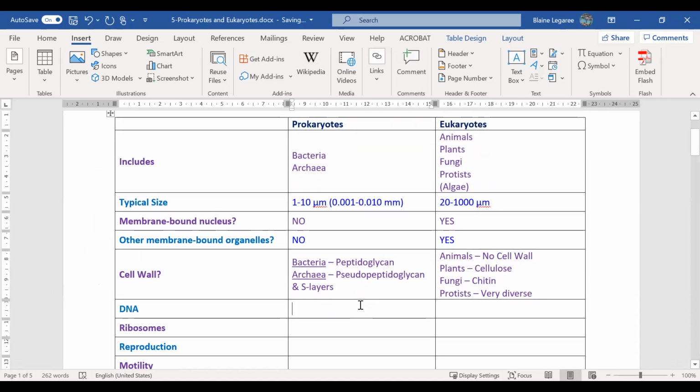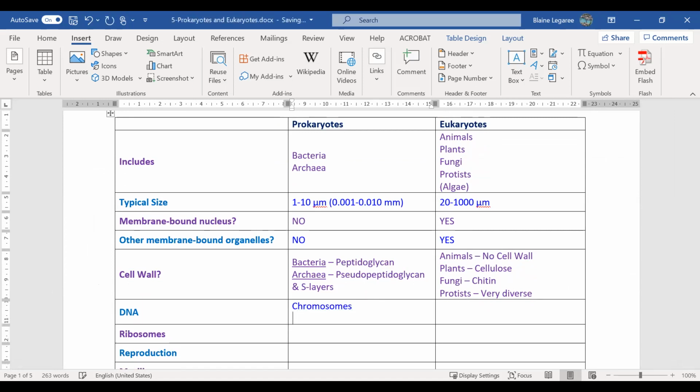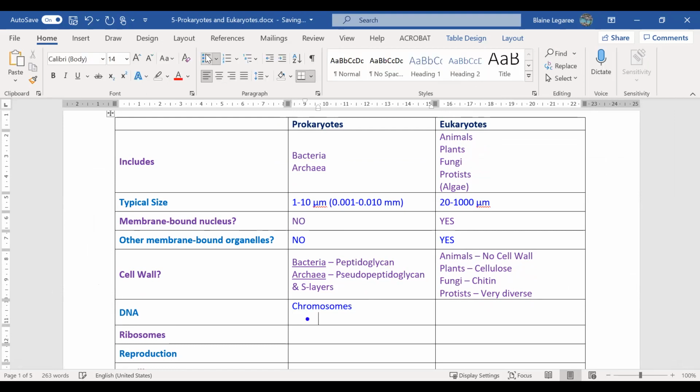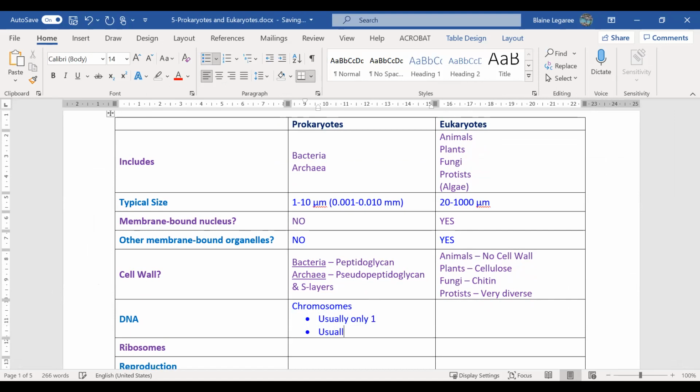And now we want to talk a little bit about DNA. Okay, so what can we say about DNA? One thing I want to talk about is the chromosomes. So chromosomes in prokaryotes, there's usually only one, and usually circular.